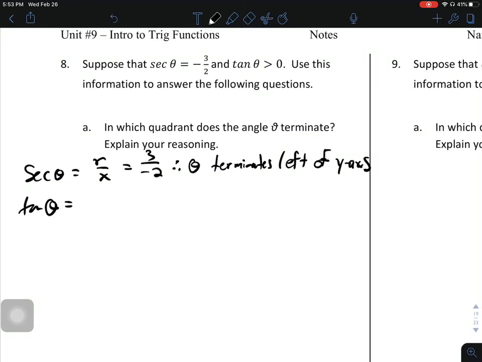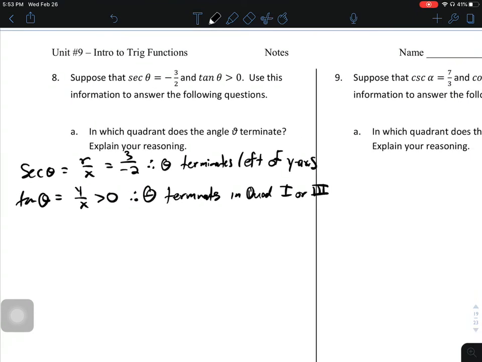Tangent of theta, which is y over x, is bigger than 0. If you divide y and x and you get a positive answer, that must mean that y and x are the same signs. That tells us that theta terminates in quadrant 1 or 3.